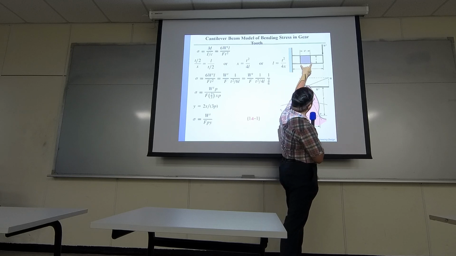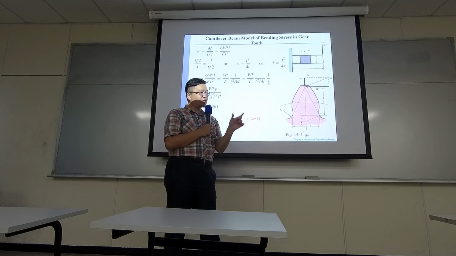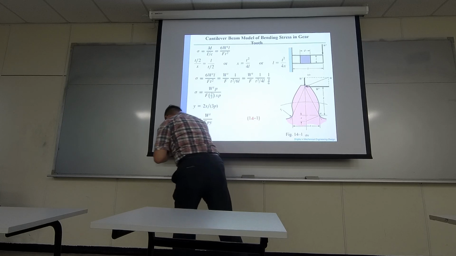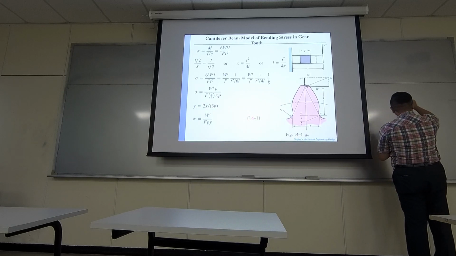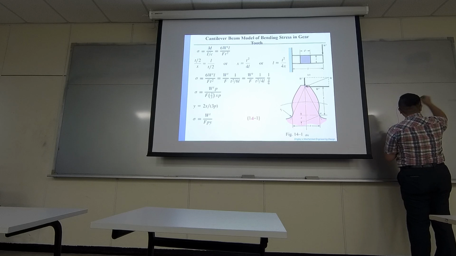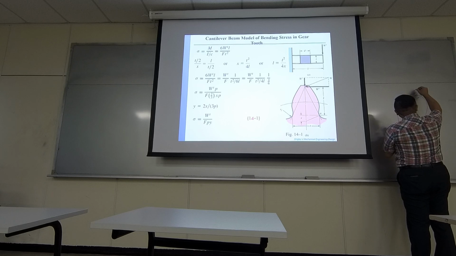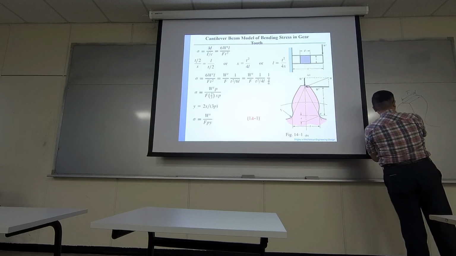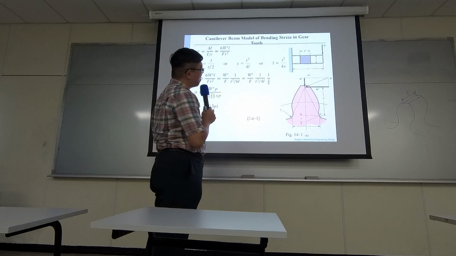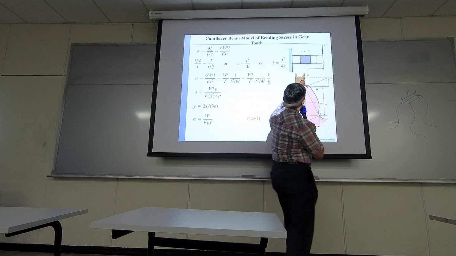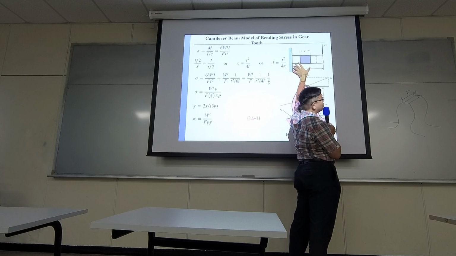Okay, so what is F? So basically, for every gear, there's a thickness of the gear. This is F. It's the width of the face. So what does the gray area represent? This is basically showing the cross section.